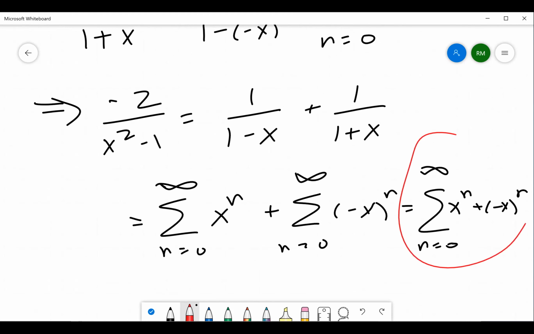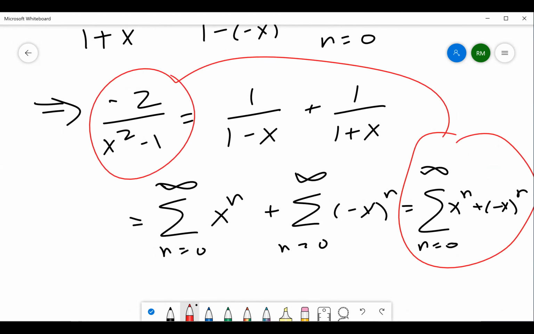And this is the power series for this function on the interval from -1 to 1.